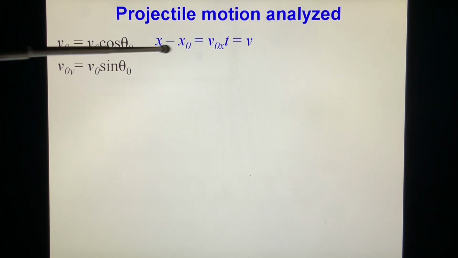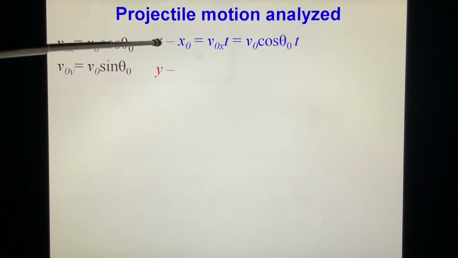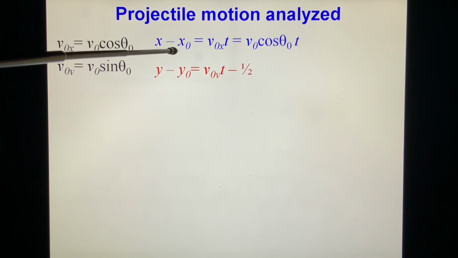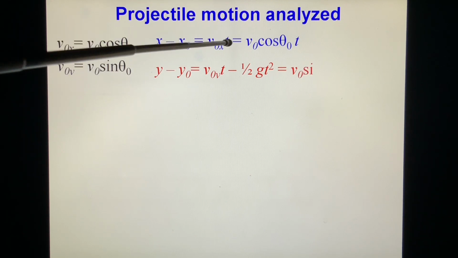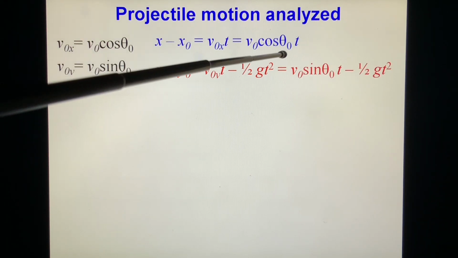Projectile motion analyzed. Horizontally, it is constant motion with V0x, V0 cosine theta 0, always that magnitude. Vertically, the initial V0y is V0 sine theta 0, with free fall acceleration. So with uniform velocity, the displacement in the x direction is x minus x0 equals V0 cosine theta 0 times t.